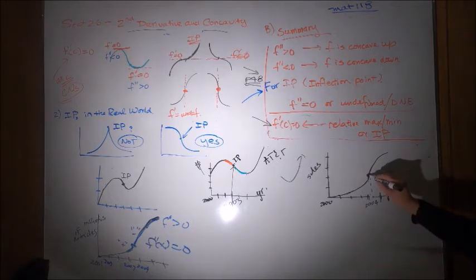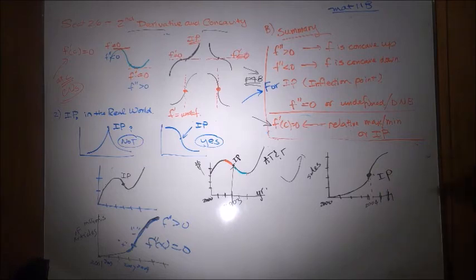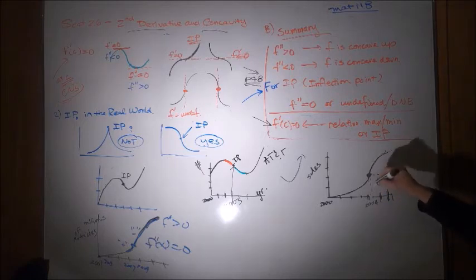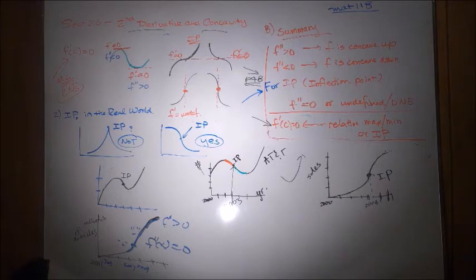At this point, the manufacturers think, okay, you will not sell that much, so you don't produce that much. Beyond those points, you still have more sales than before, but at a slower rate. So that's what it's telling you.